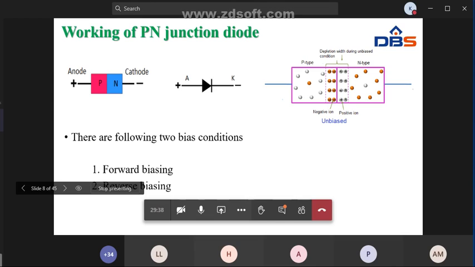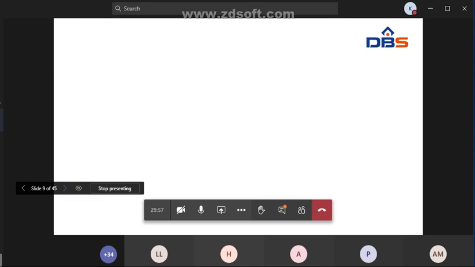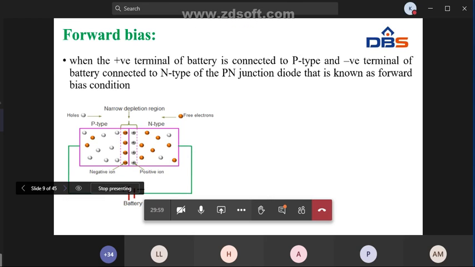So there are two biasing conditions. One is forward biasing and the second one is reverse biasing. So if you see, what is forward bias and what is reverse bias? Here is a P-type material and N-type material.